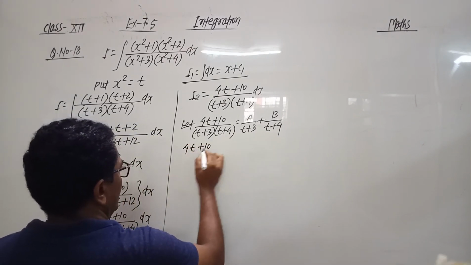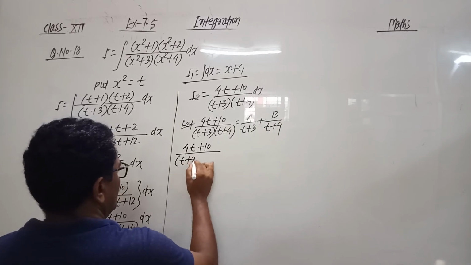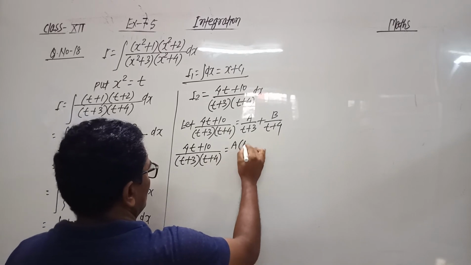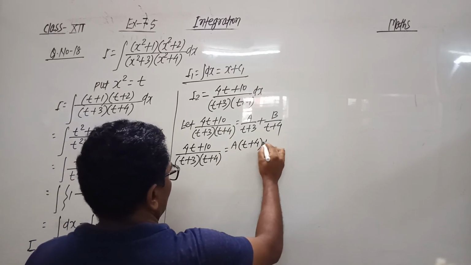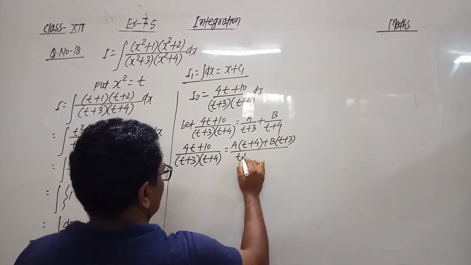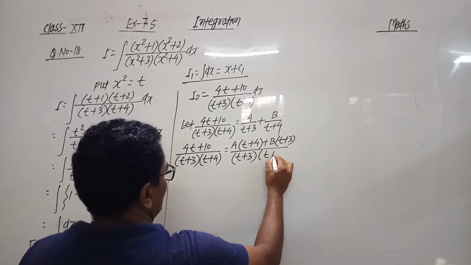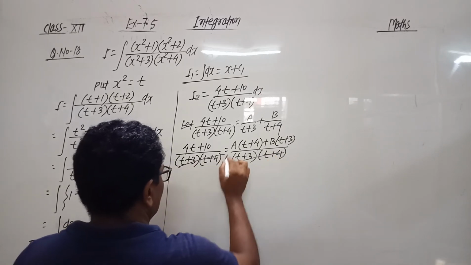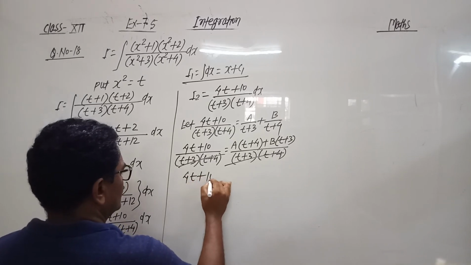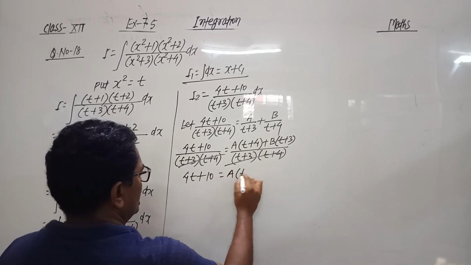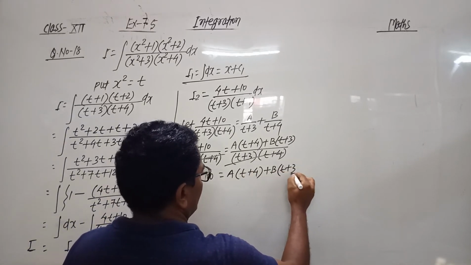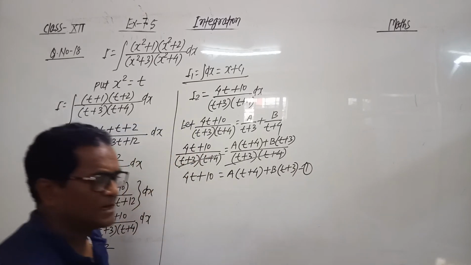So 4t plus 10 upon t plus 3 t plus 4 equals A into t plus 4 plus B into t plus 3 upon t plus 3 and t plus 4. The denominator from both sides gets cancelled, and it comes 4t plus 10 equals A into t plus 4 plus B into t plus 3. Name it first equation.